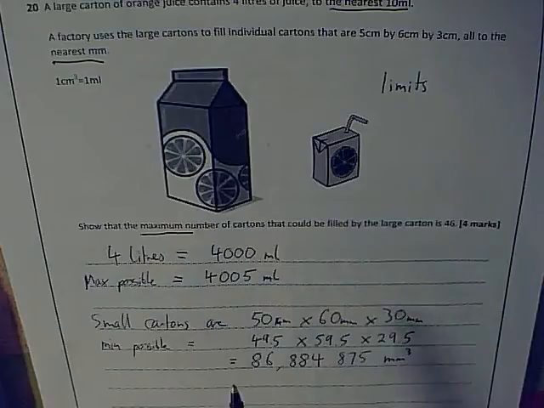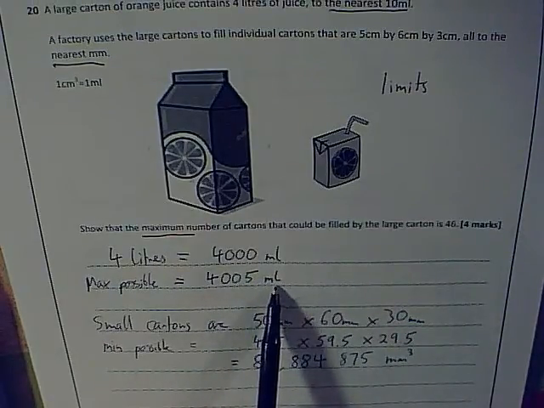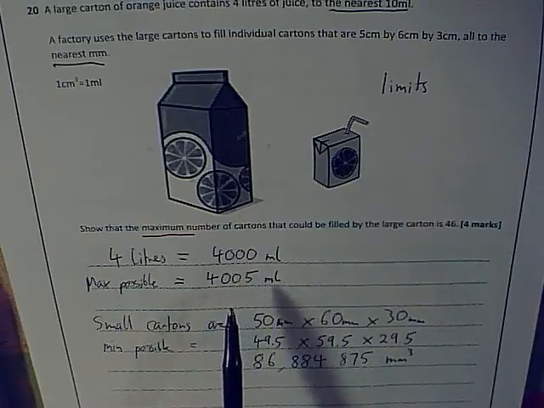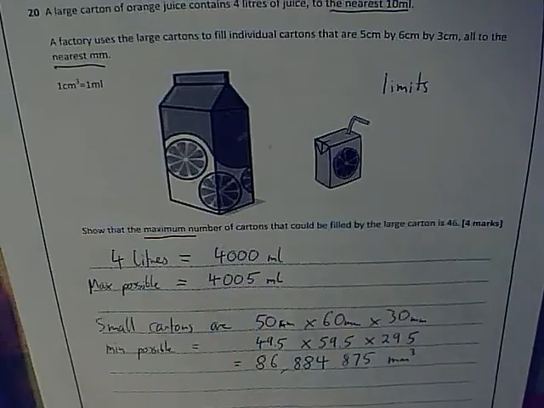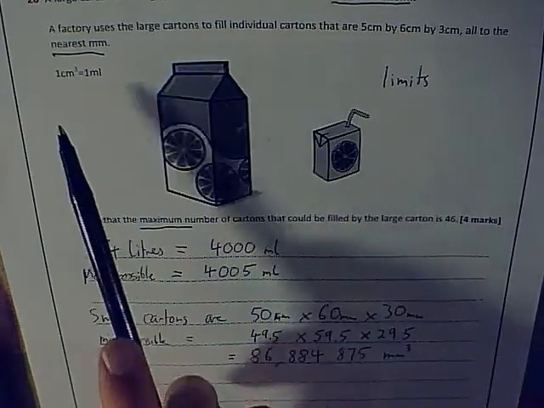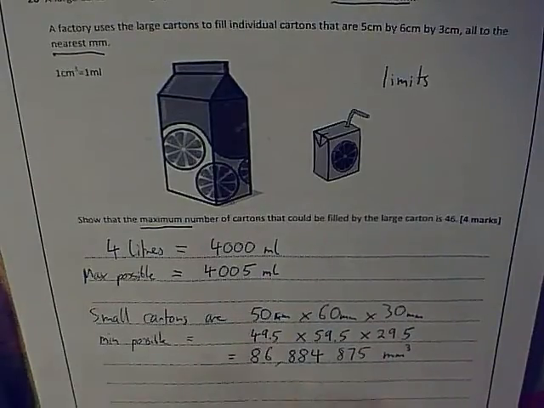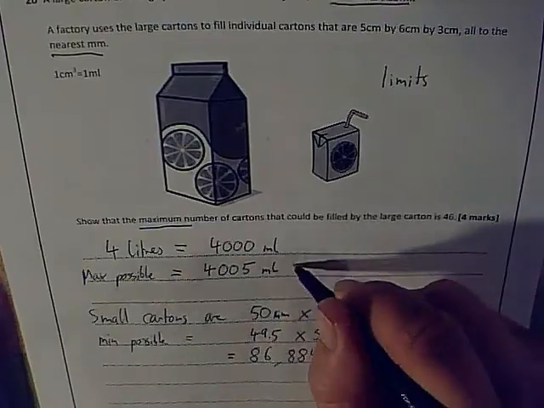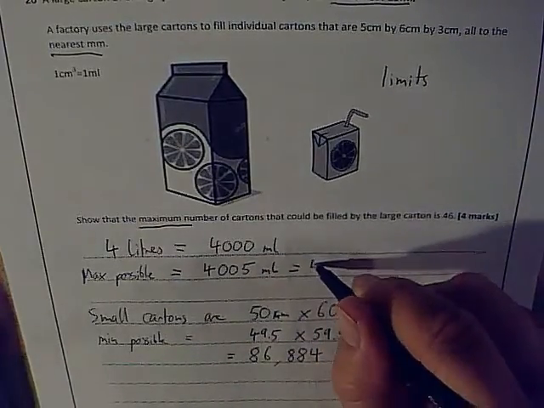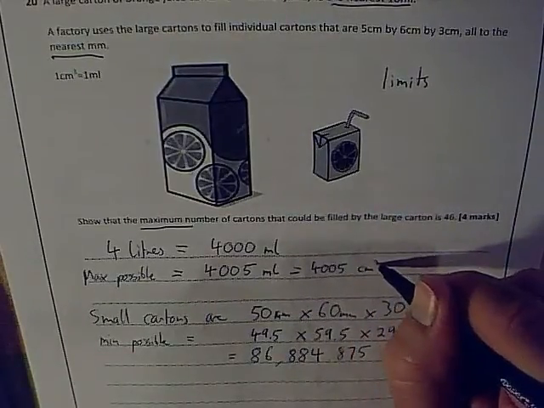I've got 4,005 millilitres, and 1 millilitre equals 1 centimetre cubed, so 4,005 millilitres equals 4,005 centimetres cubed.